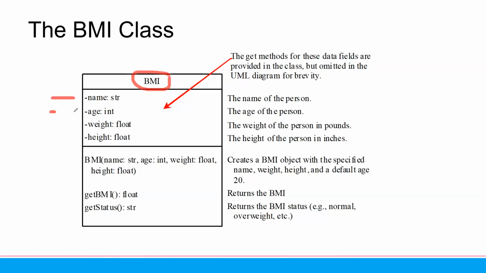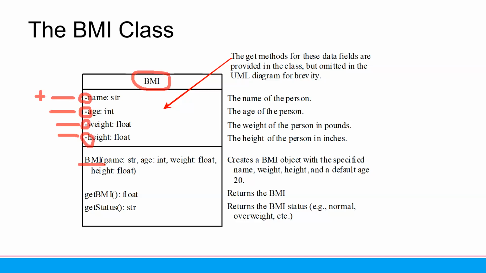We have 4 data members. This negative sign means the data will be private. Yeah, if you want to make it simple, then you can put it as public. But the symbol means this is private.